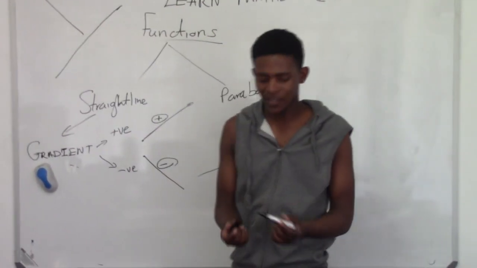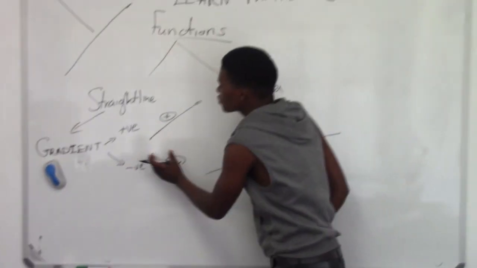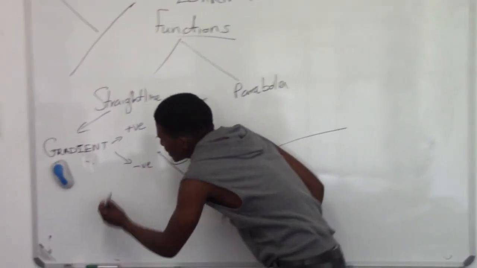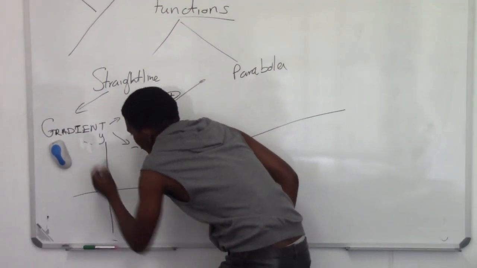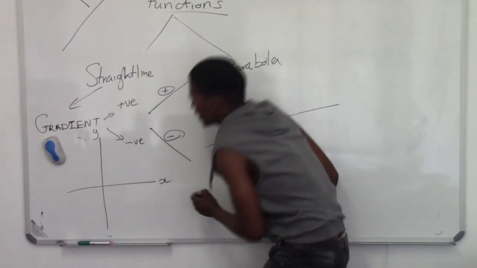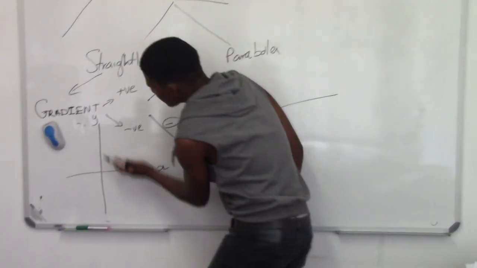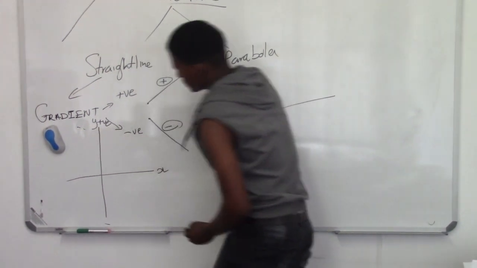So now, when you represent your straight line on a Cartesian plane, a Cartesian plane is a diagram which has a y and an x axis. So now, up here, you'll find positive y.